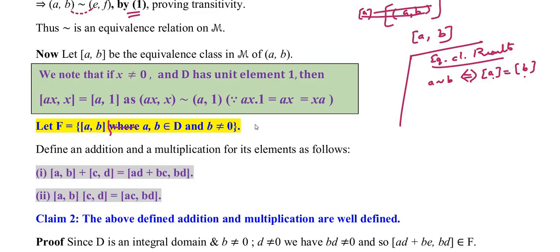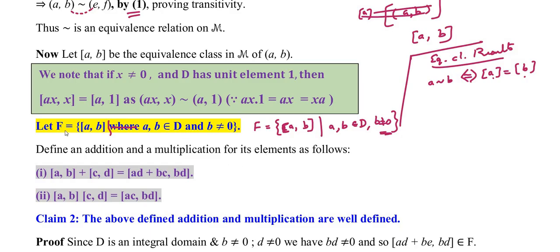So F is nothing but the collection of all classes. Here you should not have an ordered pair. Only the equivalence class you need to write, such that A, B are members of D with B non-zero. Whether you describe your script M or F, remember this should be mentioned.